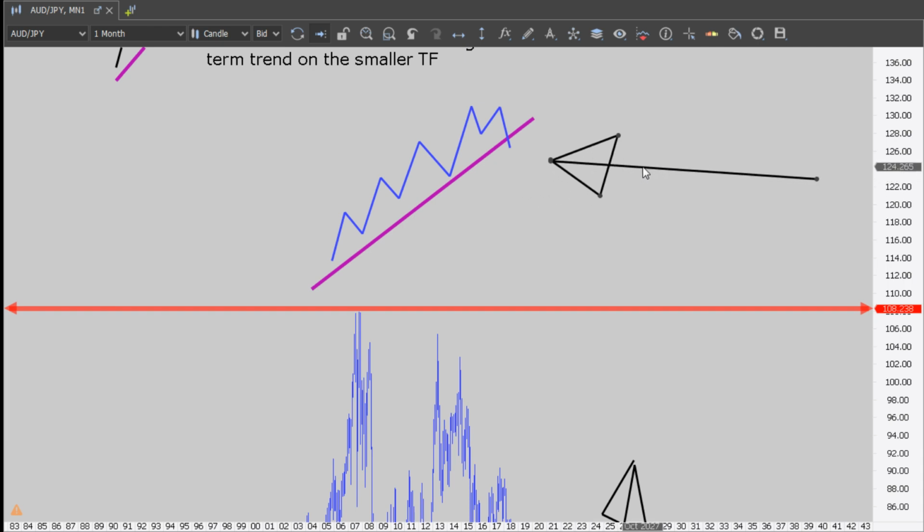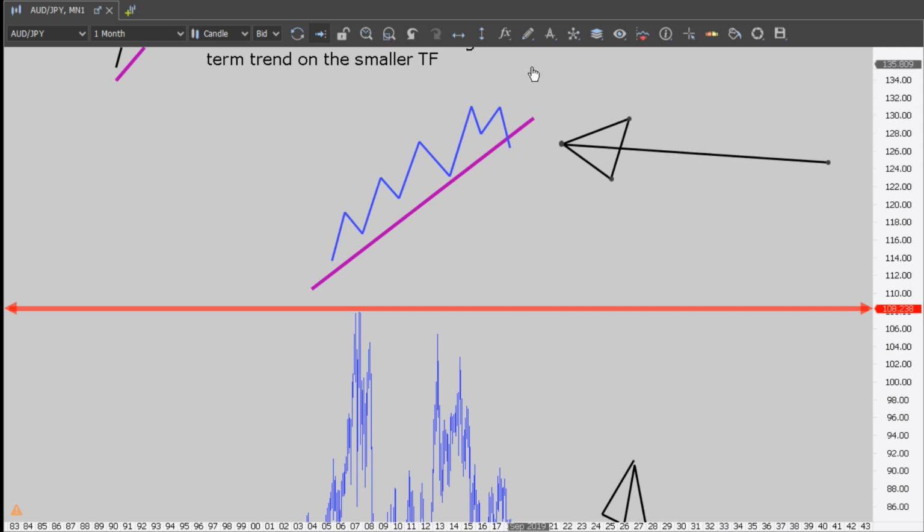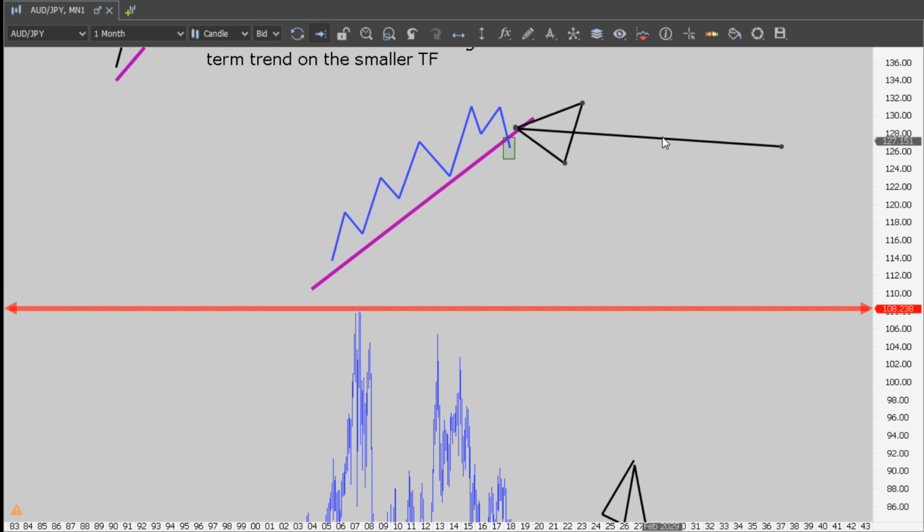KJ, congratulations. Zuelius, yes sir. The market must close a full body candle on the other side of the trend line. Congratulations Zuelius, congratulations KJ. This is the answer.